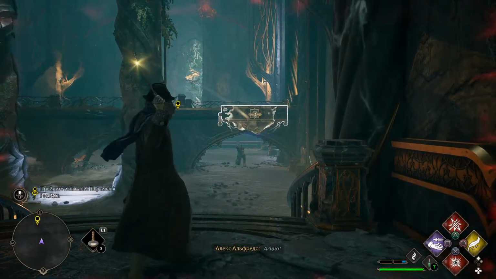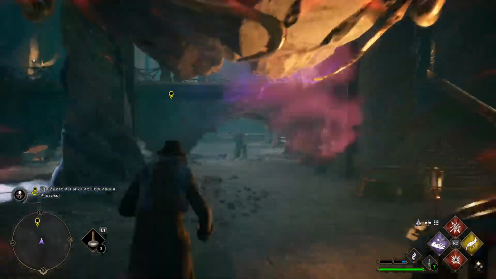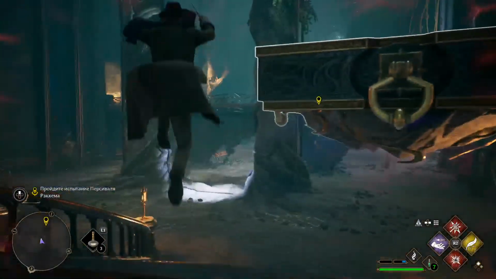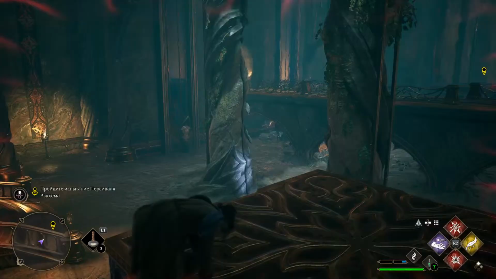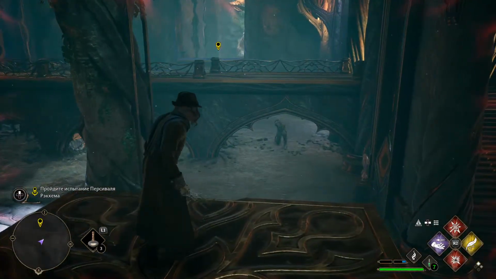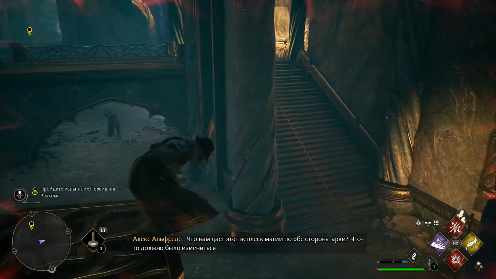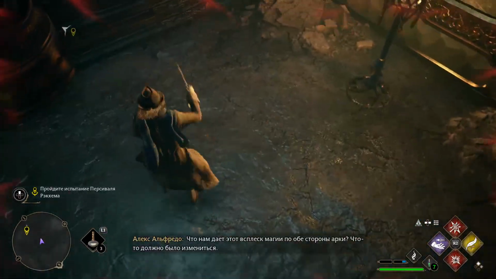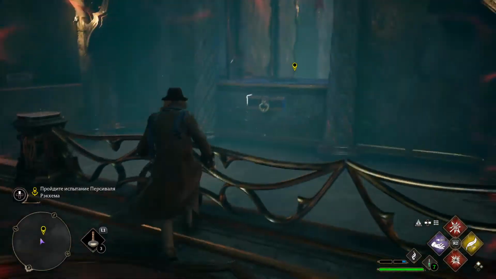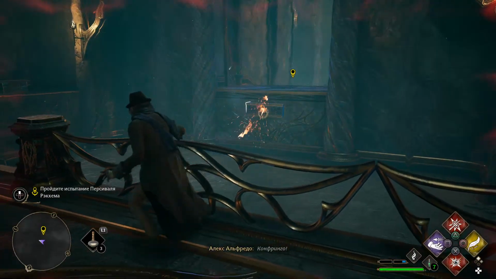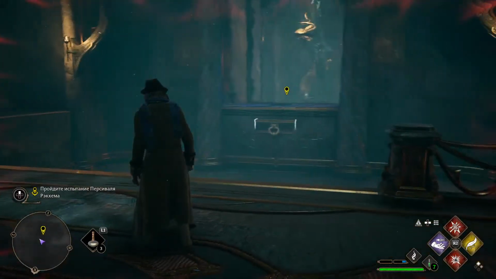What did that burst of magic change on both sides of the archway? Something must be different.